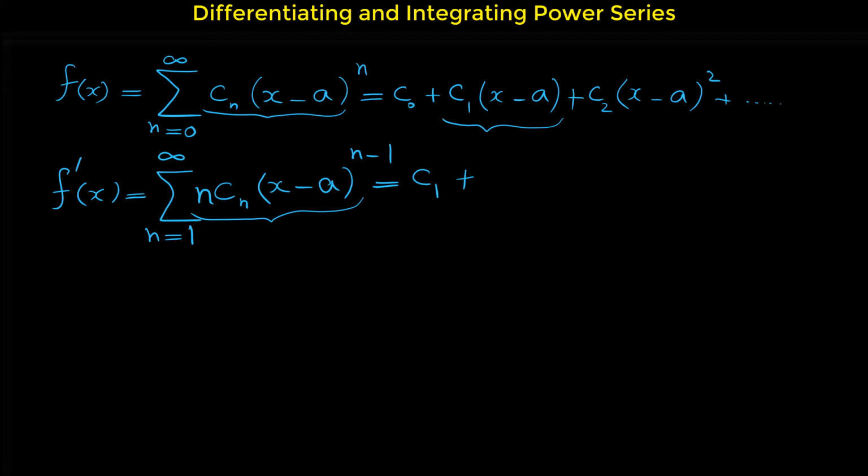The derivative of c sub 1 times (x minus a): we write the coefficient c sub 1 and take the derivative of the bracket. The derivative of x minus a is 1. Note that the derivative of x is 1, a is a constant, and the derivative of a constant is 0. So the derivative of the bracket is 1, and c sub 1 times 1 is c sub 1.